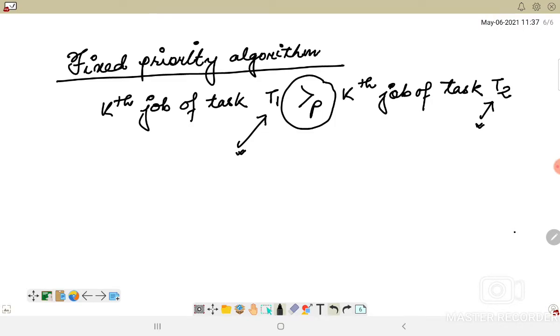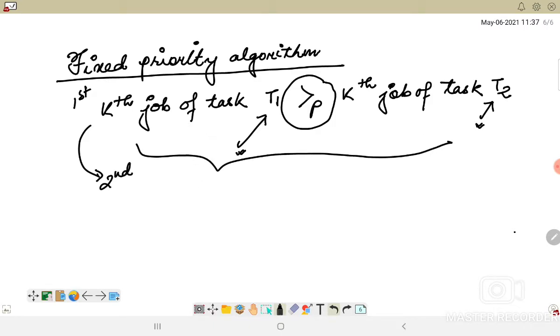In the second instance also the same rule will apply, and T1 will be executed first and T2 will be executed following T1.